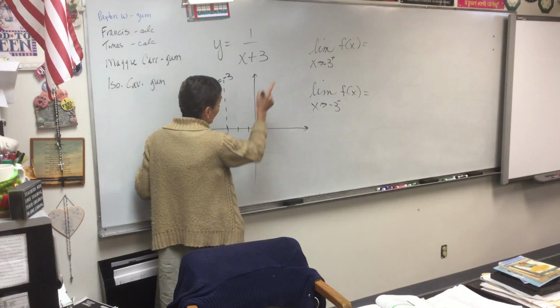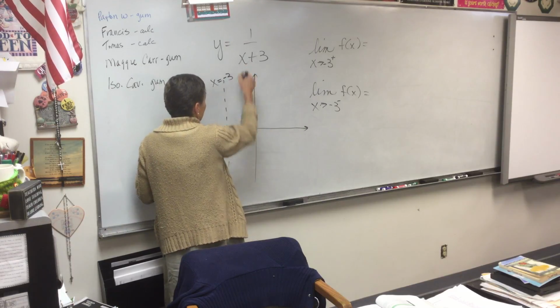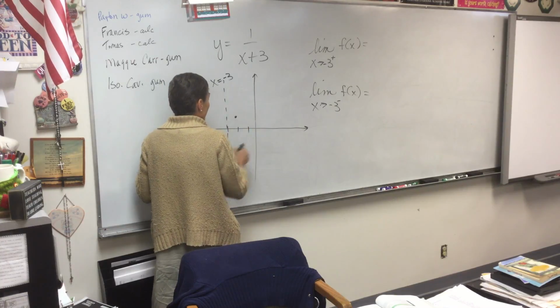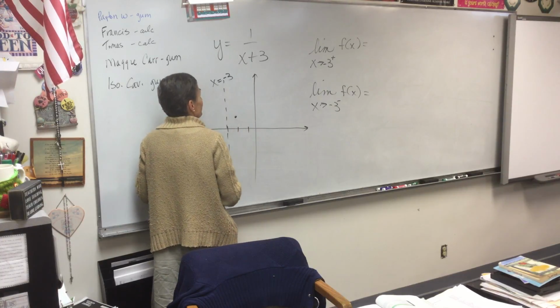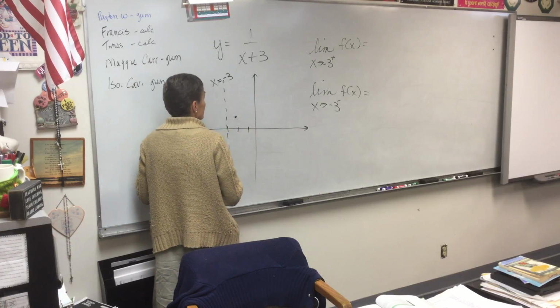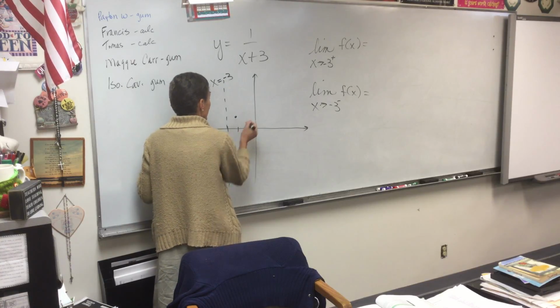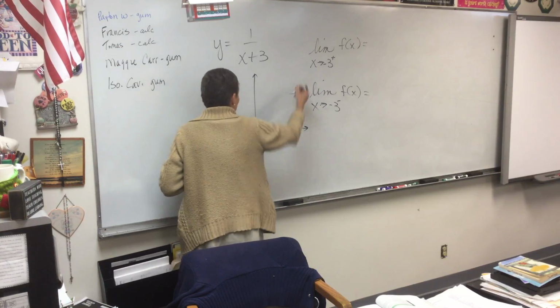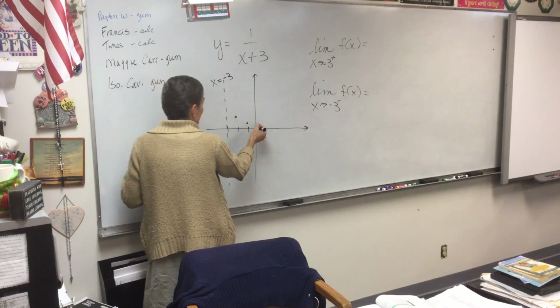So here we go. What do I get if I put -2 into my function? 1. What do I get if I put -1 into my function? 2. What do I get? 1/2. Now, again, you are approaching the asymptote.